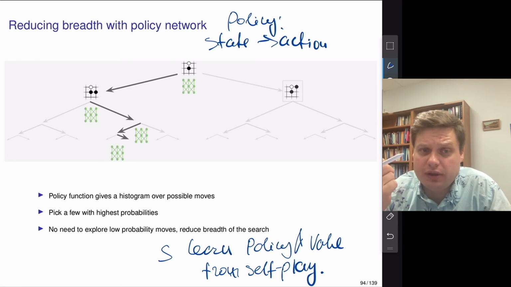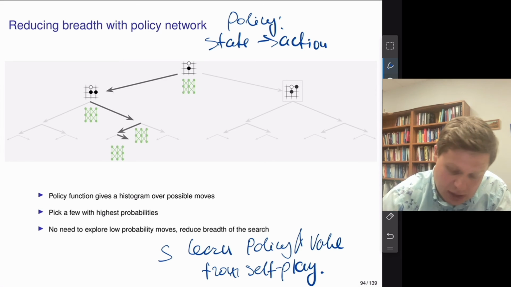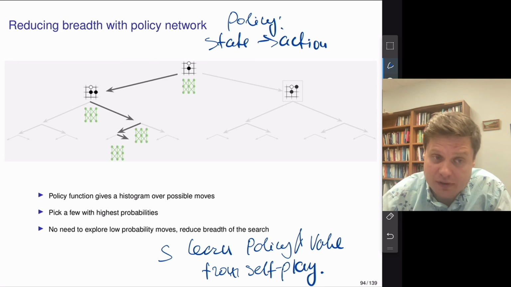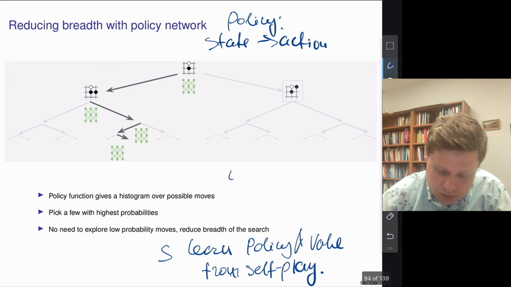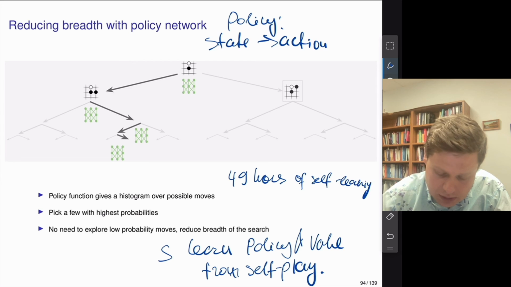And in the case of Go, this AlphaZero algorithm that does that learned in 49 hours, and it learned well enough that it can beat the Go champion. So it took 49 hours of self-learning to beat the world champion.